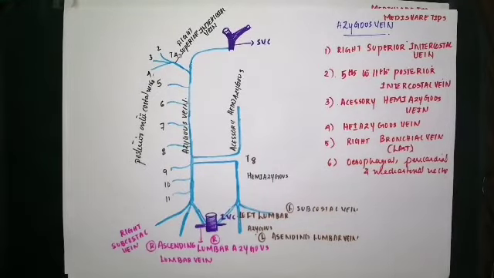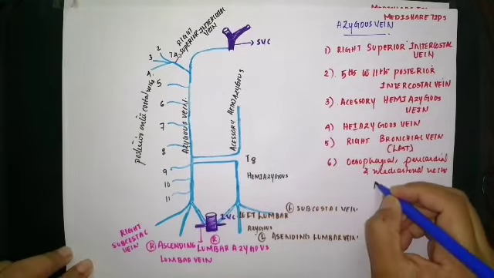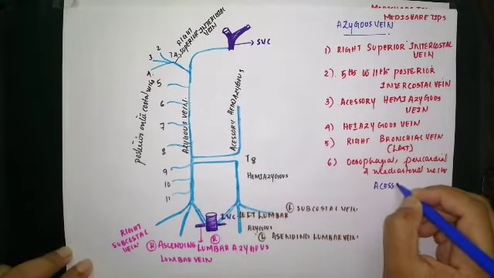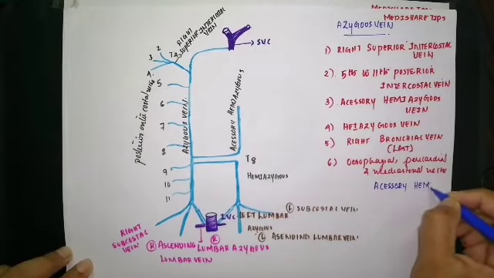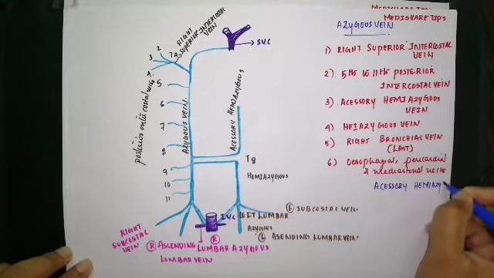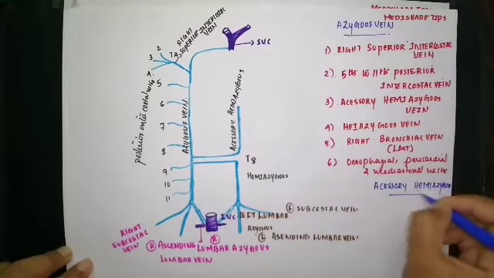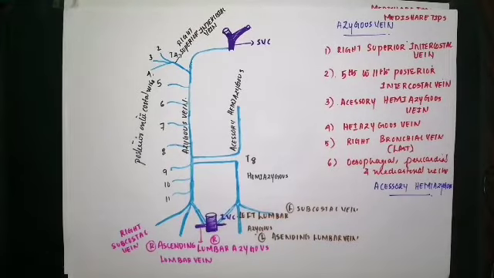Now, which are the tributaries of the accessory hemiazygous? Which are the posterior intercostal veins which are draining into the accessory hemiazygous?